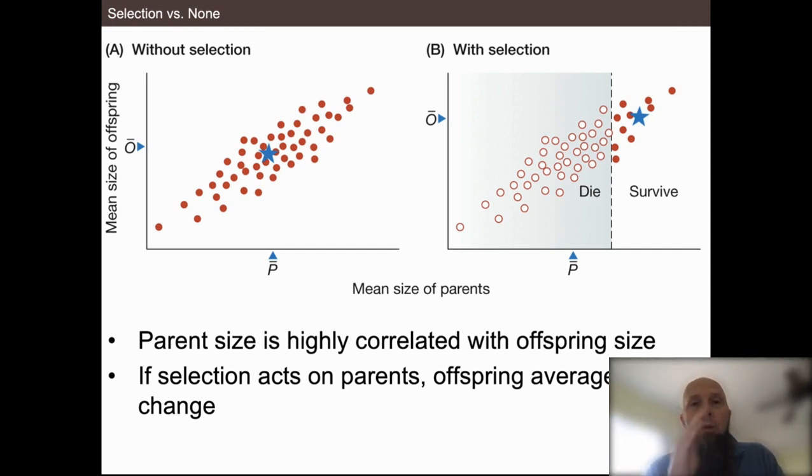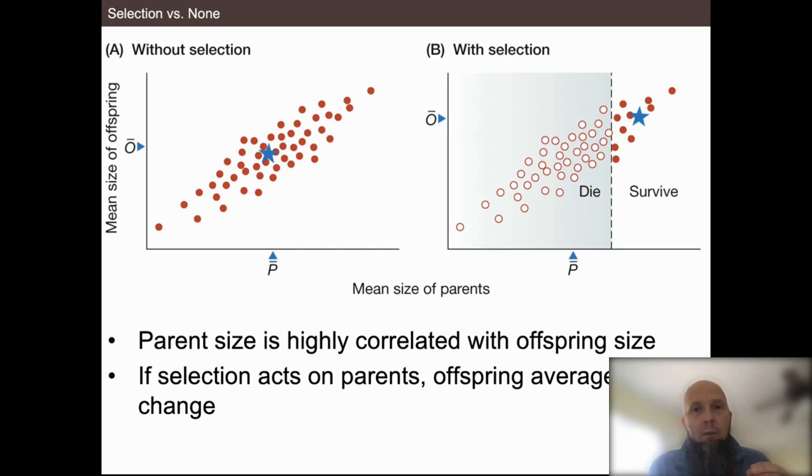Who survives to reproduce? Only the solid red dots that are to the right of that line. And so if only those really large parents reproduce and their offspring are going to inherit those alleles for large size from them, there's a one-to-one relationship. There's a very clear relationship between parental size and offspring size.